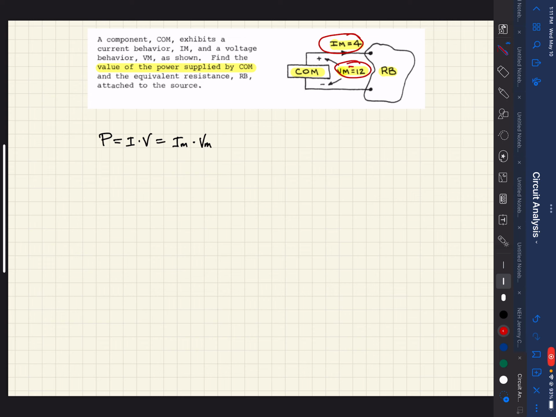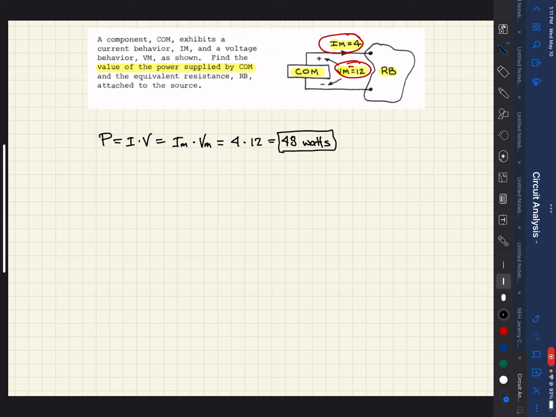So if we plug those values in, we would get 4 amps times 12 volts. And so when we multiply that out, we get 48 watts. So this is the answer to the first part as far as the power supplied by COM to our system.